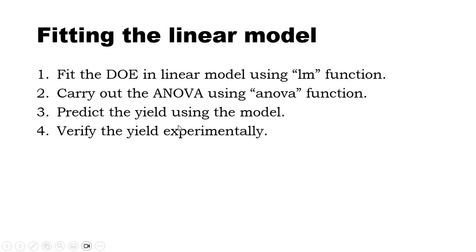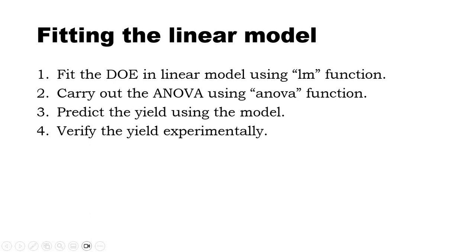Then you will have to predict the yield using this model, because this linear regression will generate a model. And then lastly you will have to verify experimentally: use the same condition and do the experiment once again and see if the predicted yield is similar to the experimental yield.